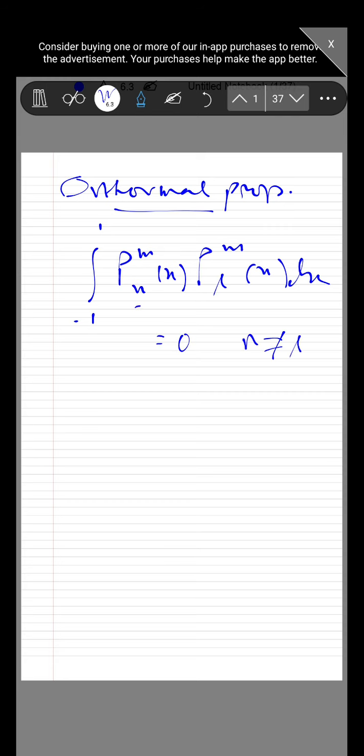Actually, this one should be L, not m. If these two are not equal, then this is equal to 0.